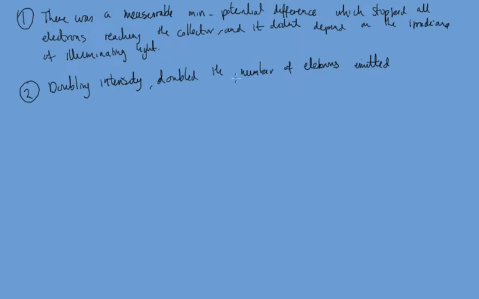And so the doubling of the electrons emitted means a doubling of the current. So the ammeter reading would double. But no effect on the kinetic energy.